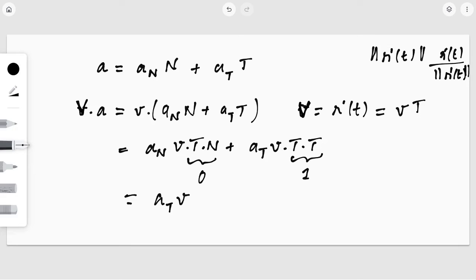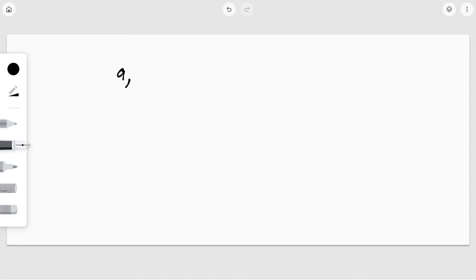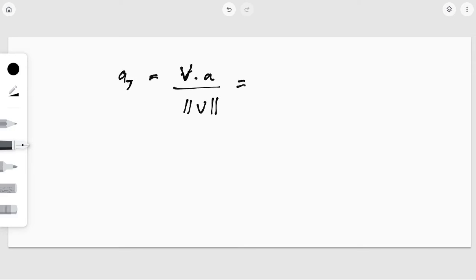We get a_T equal to capital V dot A by magnitude of V, right? Because it was small v. So this is none other than r dash of t dot r double dash of t, whole divided by the magnitude of r dash of t.